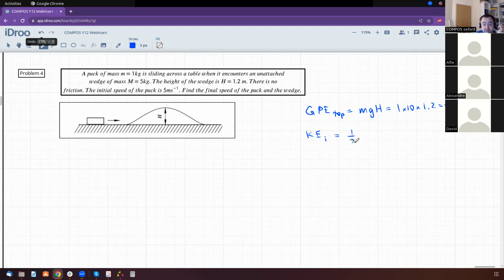It's 1/2 mv squared, which is 1/2 times 1 times 5 squared. So that's 12.5 joules. So will it go over?